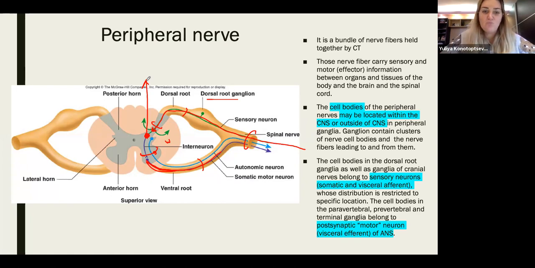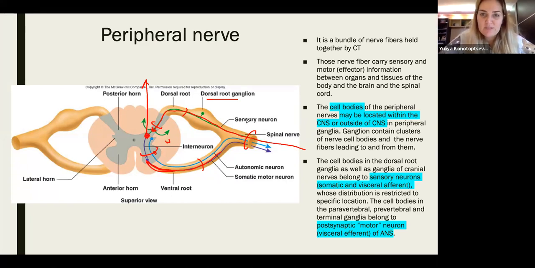The most important thing is that in the posterior horn of the spinal cord, there is a synapse between the sensory neuron and the interneuron.